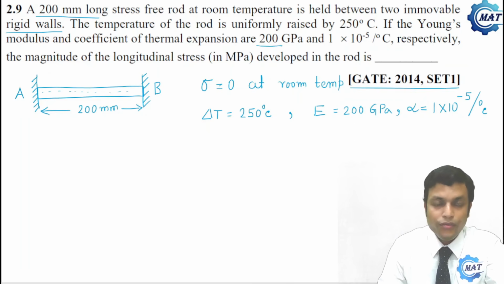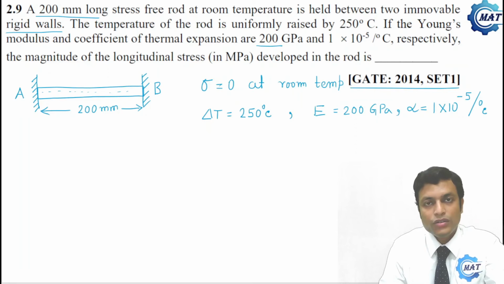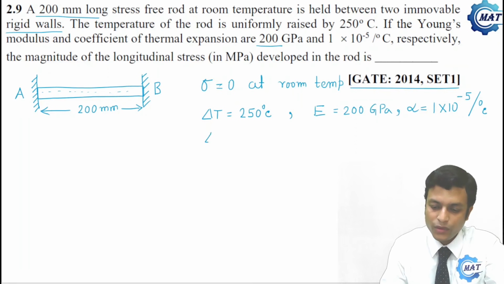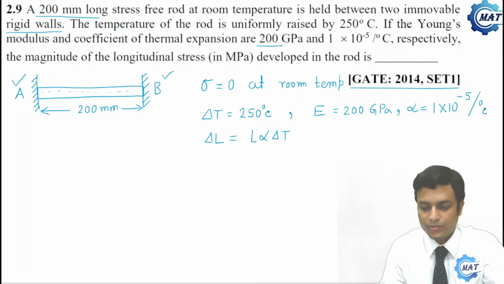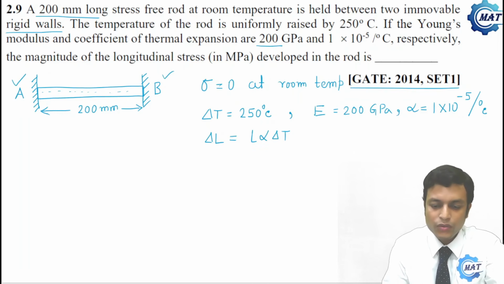Now, if we allow the rod to expand freely, then it will expand by which amount? That is, it will expand by delta L amount, that is L alpha delta T. But these two immovable rigid walls do not allow the rod to expand. Then what happens? They will produce a compressive force.